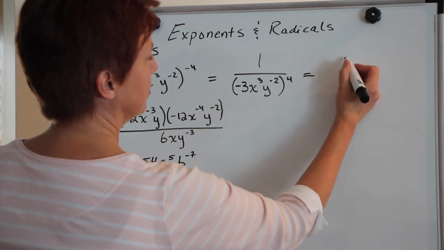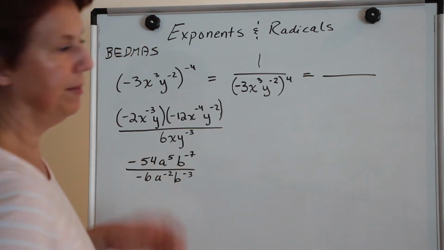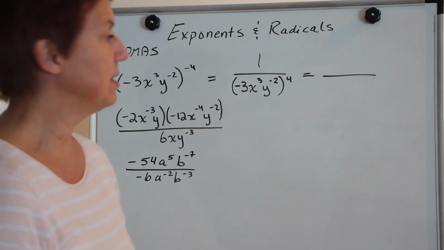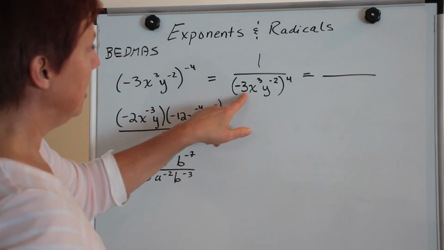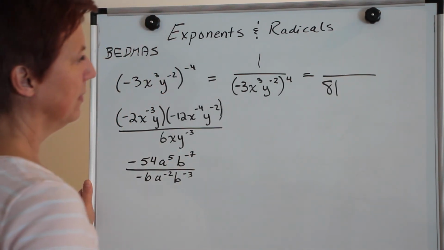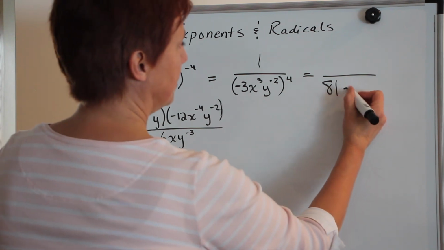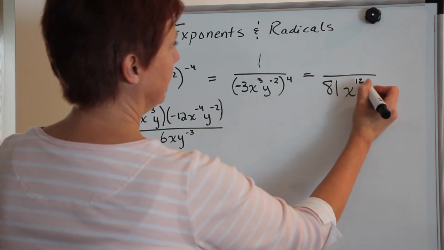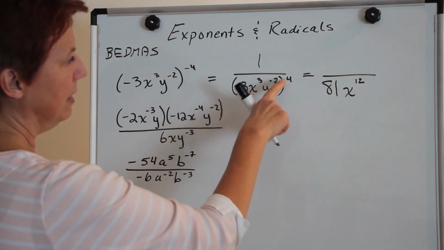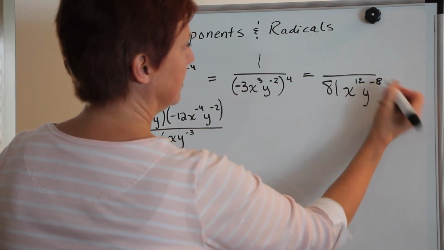I know that the answer is going to be positive, and so I'm just going to put a fraction line and work the rest of it out. So negative 3 to the power of 4 is positive 81. Okay? X cubed to the power of 4 is x to the power of 12. And the negative 2 to the power of 4 is negative 8.